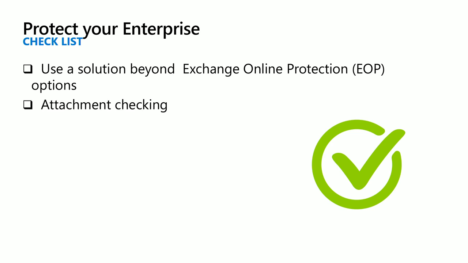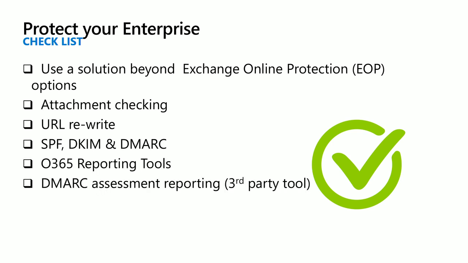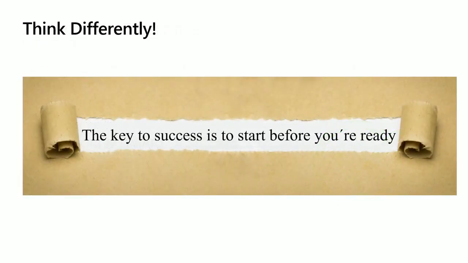Make sure you have attachment checking. Get that URL rewrite in place. That's the safe links. Make sure you're implementing SPF, DKIM, and DMARC completely. Get that process finished. Use those Office 365 reporting tools and get yourself a great DMARC assessment tool.